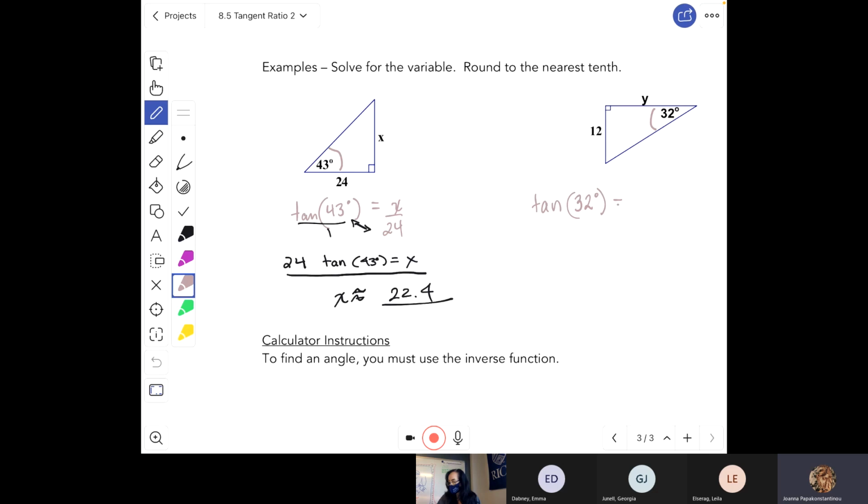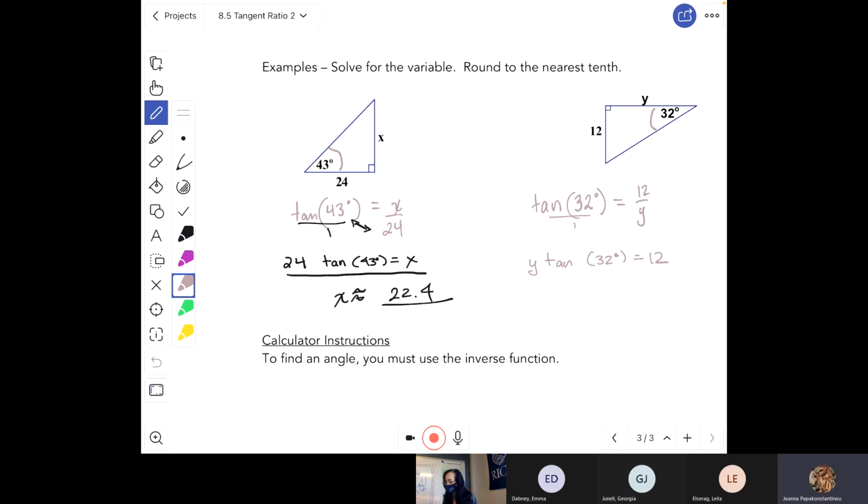How would I write the ratio of opposite over adjacent? 12 over y. So again, to solve for y, I have, in this case, y equals the tangent of 32 degrees, oh no.